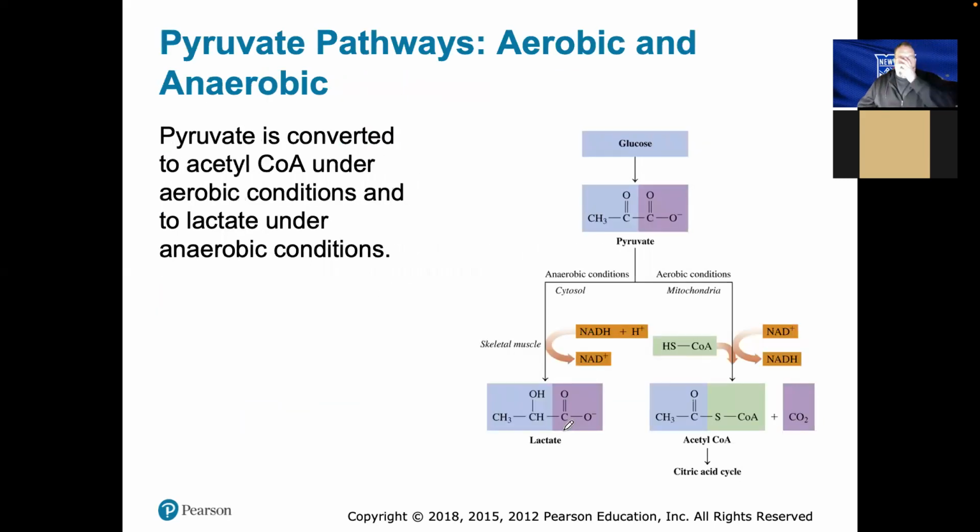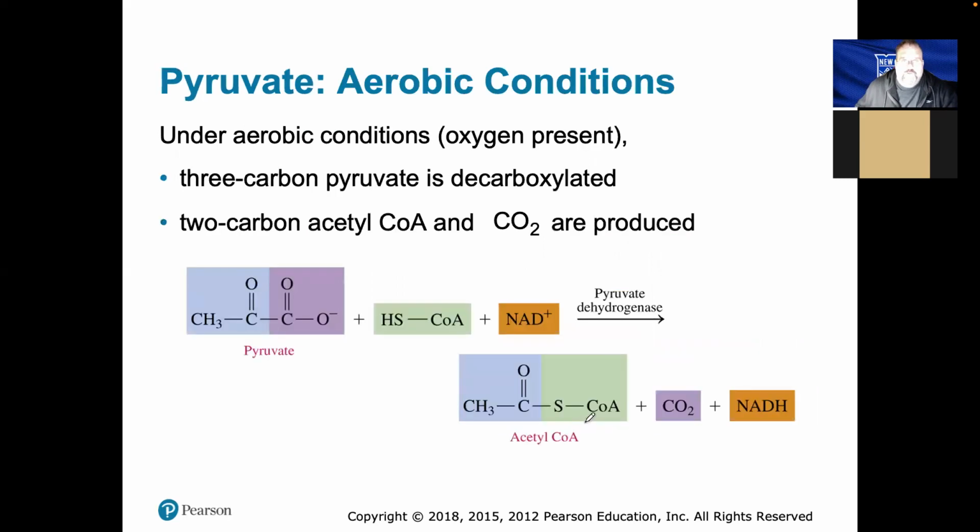Okay. Pyruvate pathway. So then what happens to the pyruvate? Aerobic and anaerobic. So pyruvate is converted to acetyl coenzyme A under aerobic conditions and to lactate under anaerobic conditions. Under aerobic conditions, oxygen present, 3-carbon pyruvate is decarboxylated. Essentially, decarboxylation refers to removal of a carboxyl group.